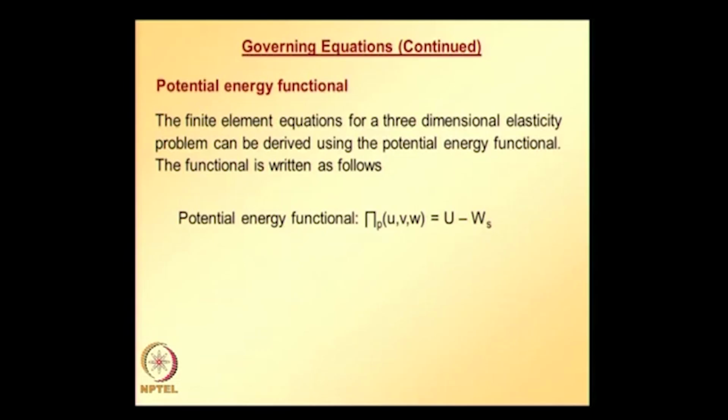Potential energy functional is denoted with letter pi. Pi is equal to U minus Ws, where U is strain energy and Ws is work done by the applied forces. This potential energy functional is going to be a function of all the 3 displacement components, that is u, v and w.